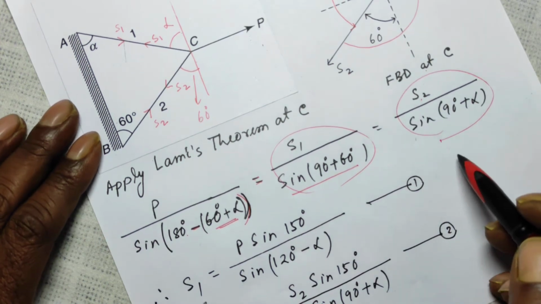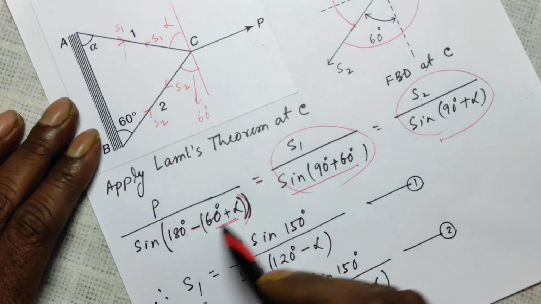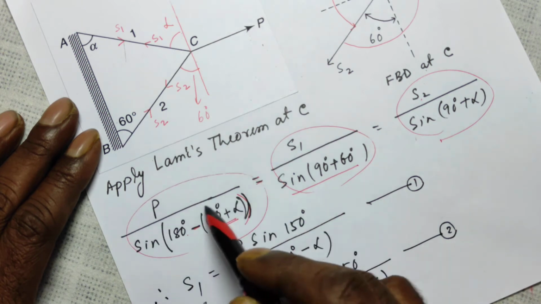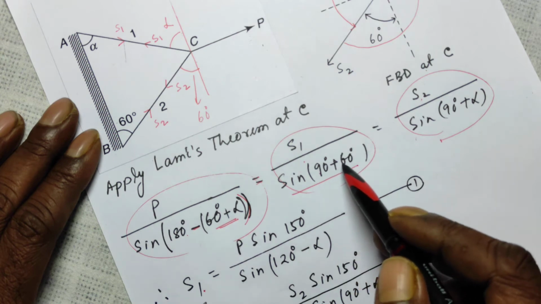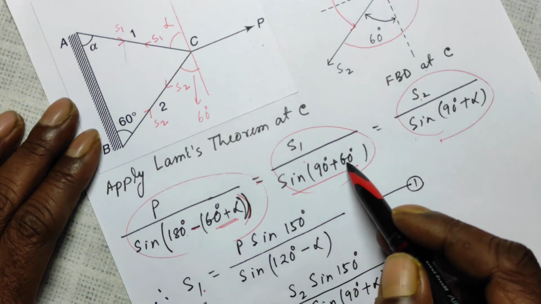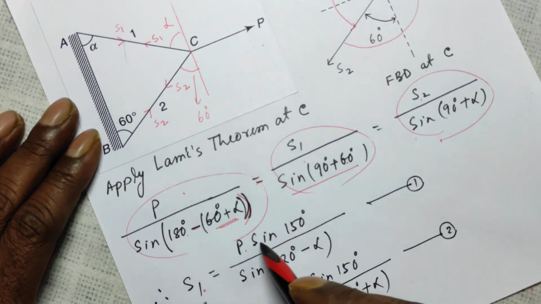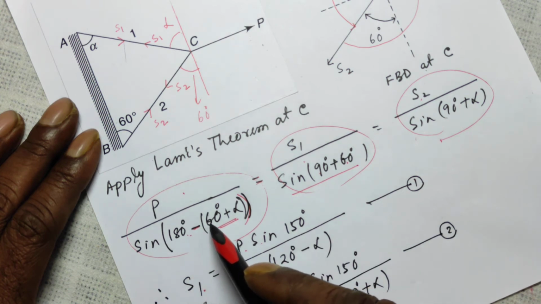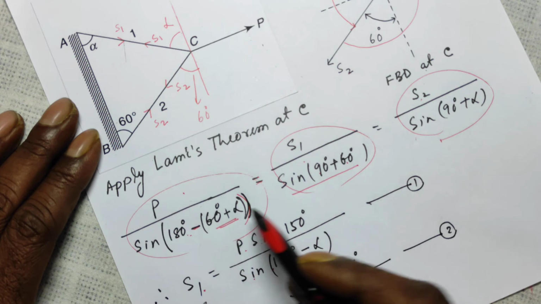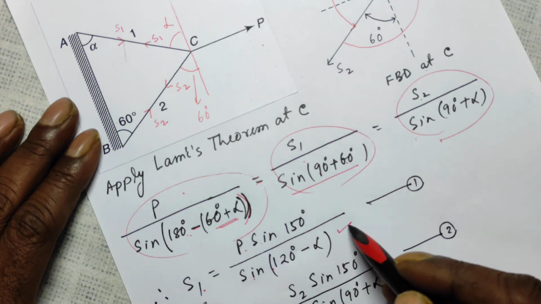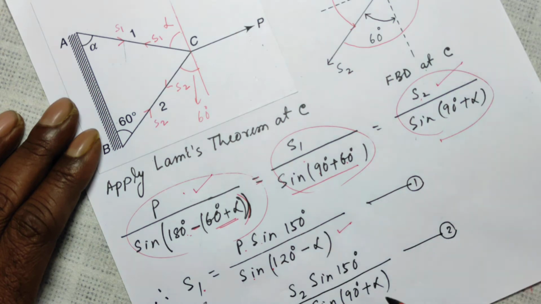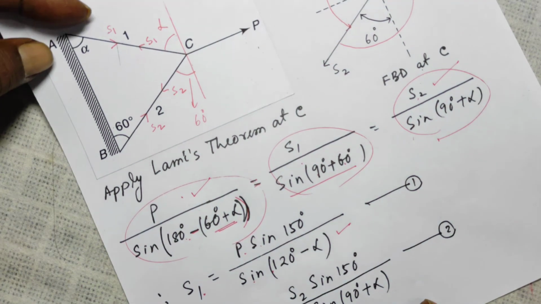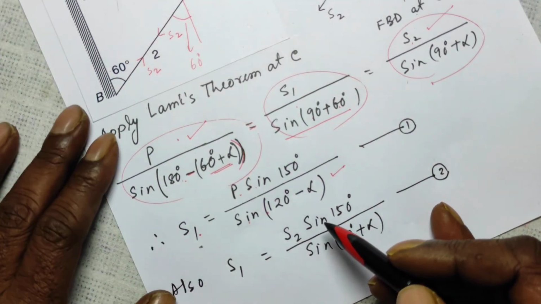If you cross multiply these two, you get S1 as P sine 150 over sine of 180 minus 60 minus alpha, that is 120 minus alpha. If you cross multiply this and this, you get S2.